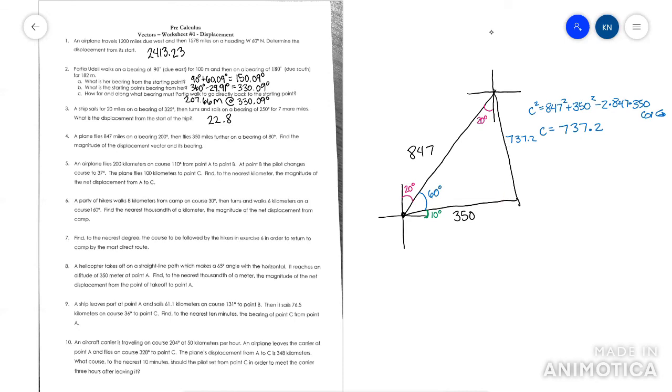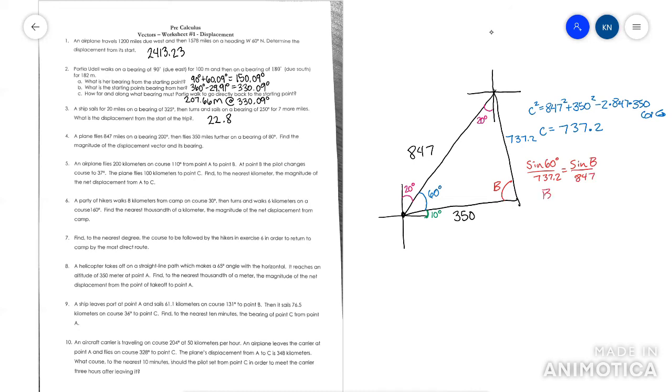You need to go and run law of sines to find these other angles, like red. So for example, if I wanted to find the red angle, I would be using sine of blue, 60 degrees, over 737.2 equals sine of this angle, we'll call this B, over 847.